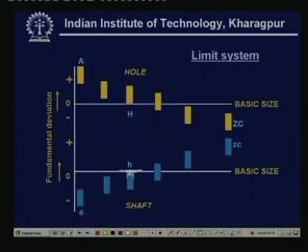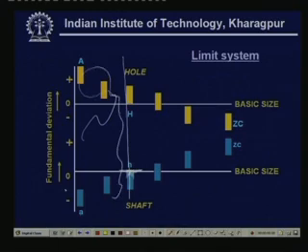So, if we want to have a clearance fit, say for example, can we not think of this zone? This is a zone where we can have the clearance fit, because you can see the size of the shaft is lower than the basic size, and the size of the hole is more than the basic size.